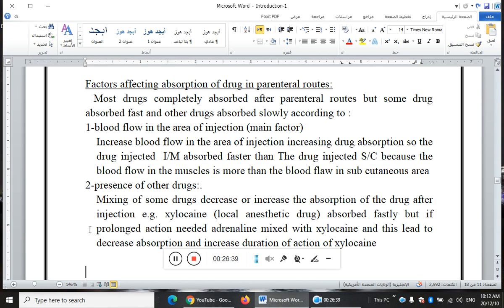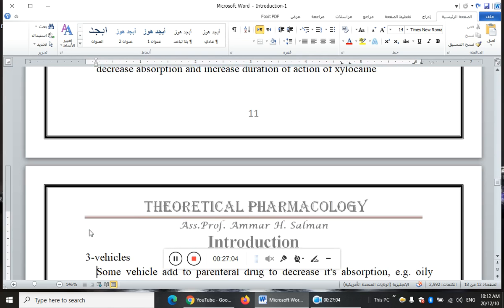What's the action of adrenaline? It constricts the blood vessels in the area, so the blood flow will decrease, so the absorption of the drug will decrease. This makes the xylocaine stay in the area of injection for a long time, so the anesthesia will last for a long time.